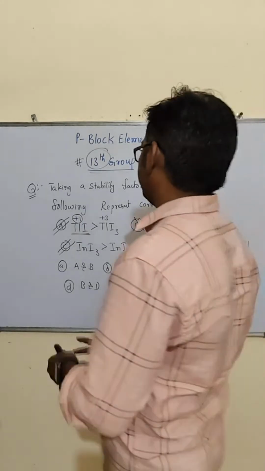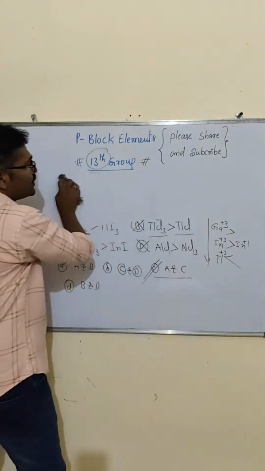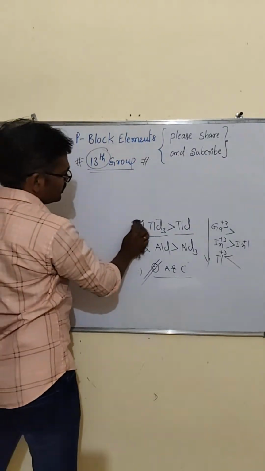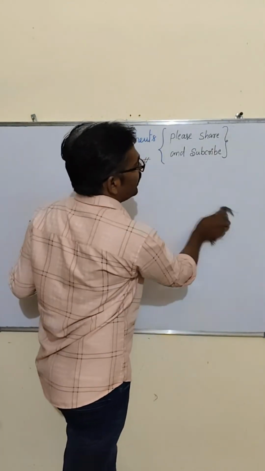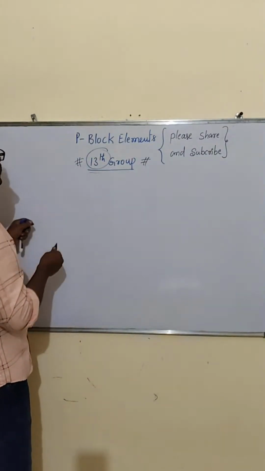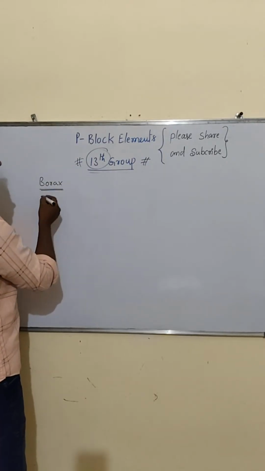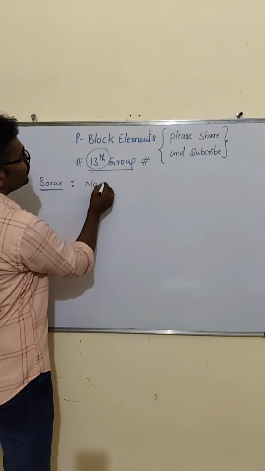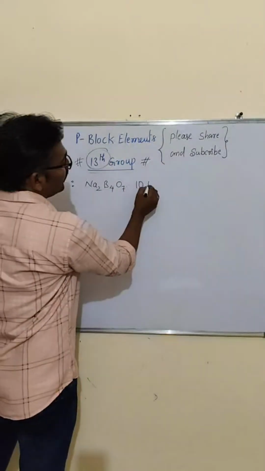Yes, look at all of you. Next we have to discuss some important compounds of boron. One is borax, and one more is boric acid. First we are discussing borax. The borax formula is Na2B4O7.10H2O.